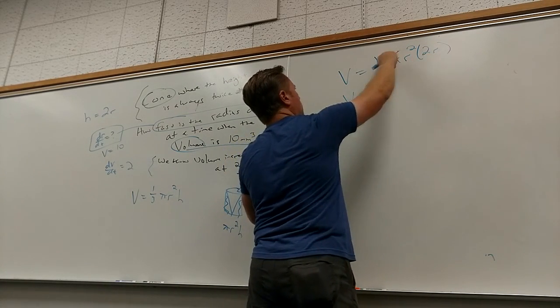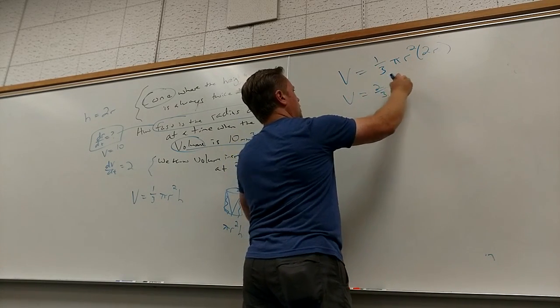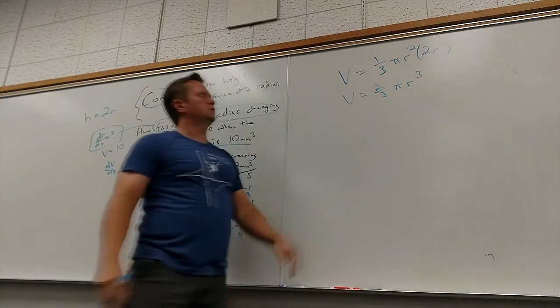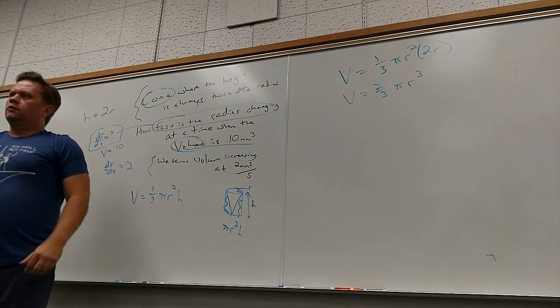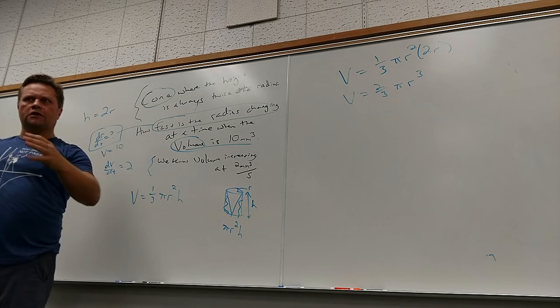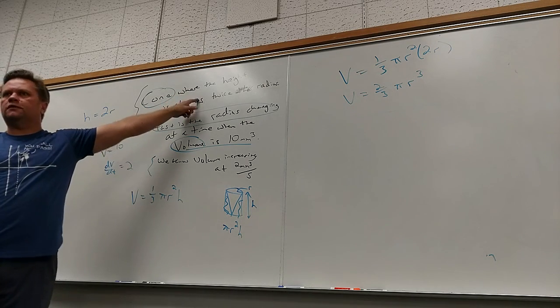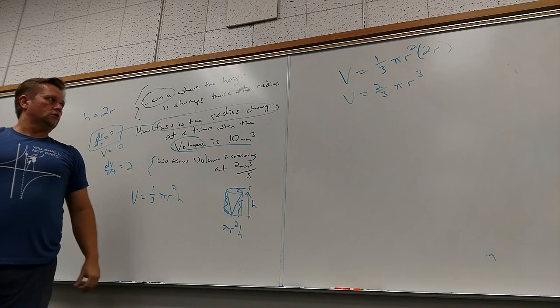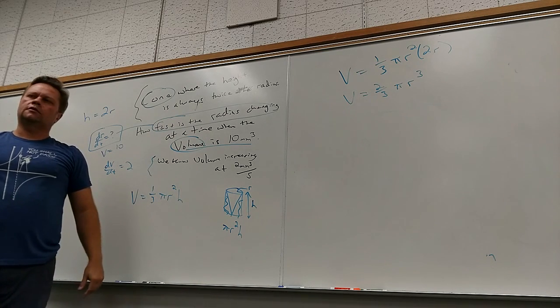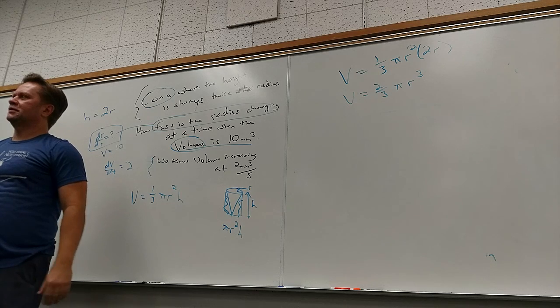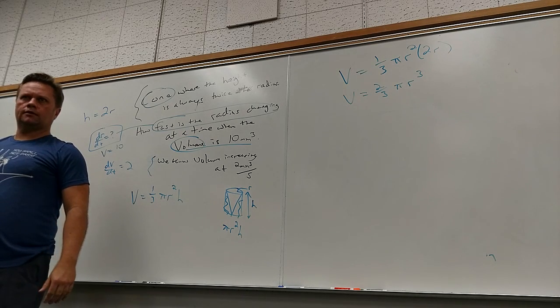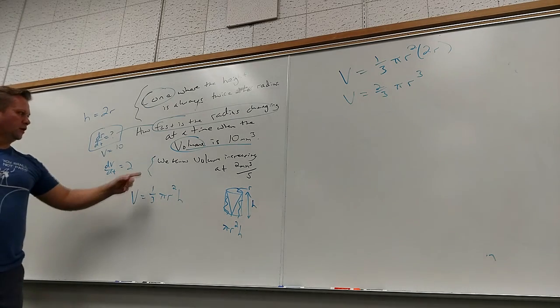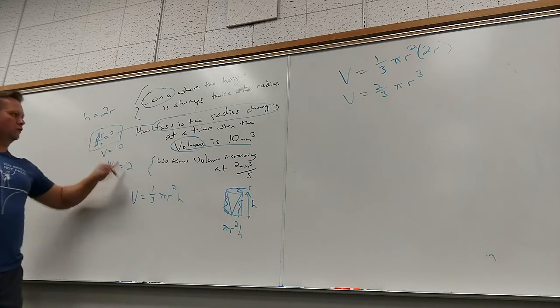So you get 2/3 pi r cubed. That is the specific volume formula for this cone because of this restriction on it. Poor little cone. So now what do you do? Take the derivative of it. So then I can plug in what I know and solve for what I don't know.